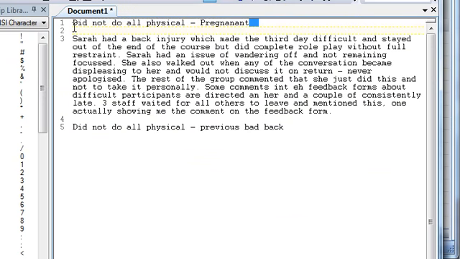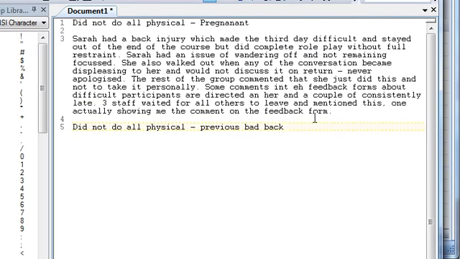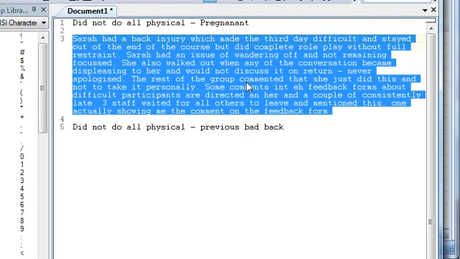So for example, this person did not attend the physical, so I can actually put that in there, and because there was no physical, I'm going to put a 1 in there, which meant that that person did not do any PI. No PI, there's a 1 in there. This is just to show you that really this system can take a whole chunk of notes.